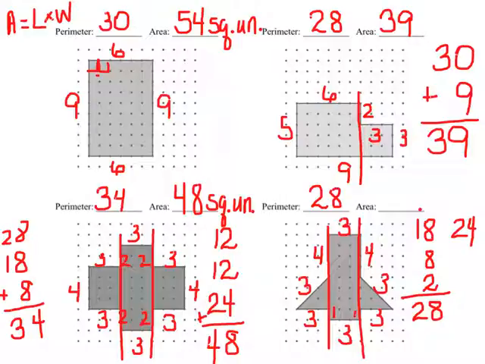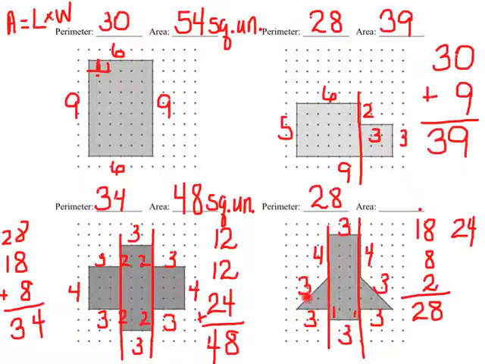Now, here's the unusual part. Because I have a triangle. But I also have a triangle over here. What if I took this triangle and flipped it and put it right there? I think I could do that, couldn't I? Take that triangle, turn it over, and place it right there.